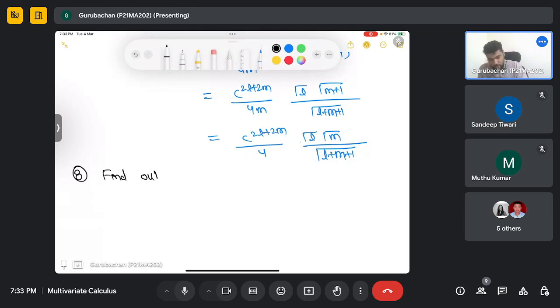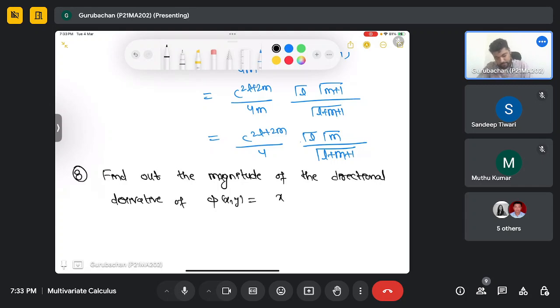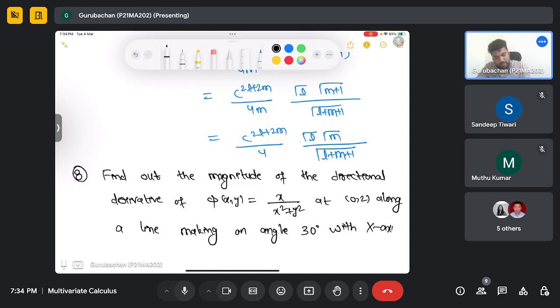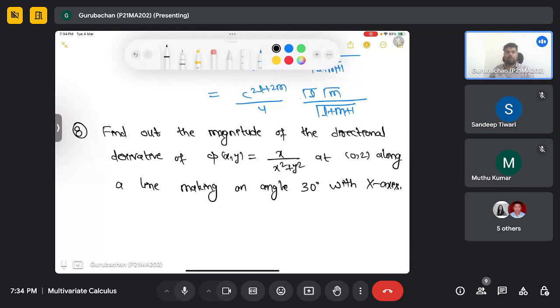Find out the magnitude of the directional derivative of phi, xy squared, at (0, 2) along a line making an angle 30° with x-axis. Try this one.